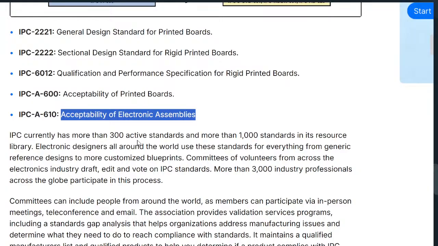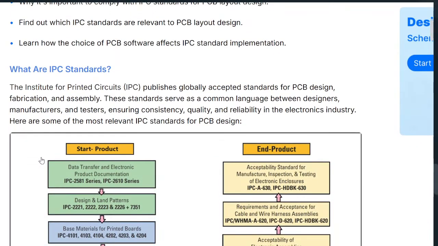So IPC currently has more than 300 active standards and more than 1000 standards in its resource library. So around 1000 standards in total are there in the resource library. Out of these 1000, more than 300 standards are actually incorporated by all the manufacturers in their professional manufacturing procedure. Starting from JLCPCB, all the famous manufacturers follow this Institute for Printed Circuits.